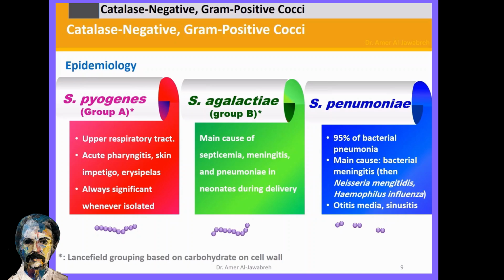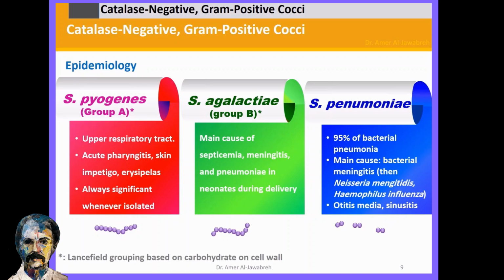What are these 3? Strep pneumoniae, Neisseria meningitidis, and Haemophilus influenzae. These 3 bacteria comprise 95% of the meningitis cases. 5% is the other bacteria. So S. pneumoniae is very important.